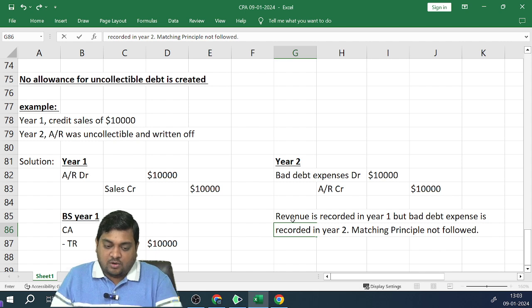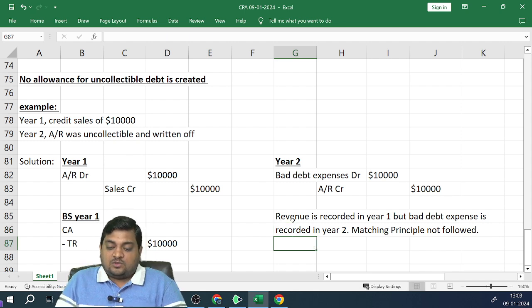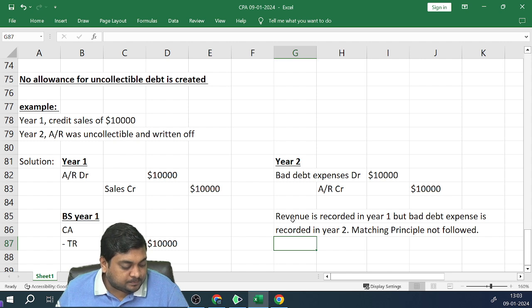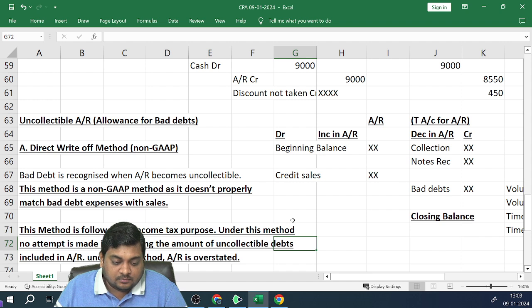Matching principle not followed. So this is the problem. Right. So this is direct write-off method.